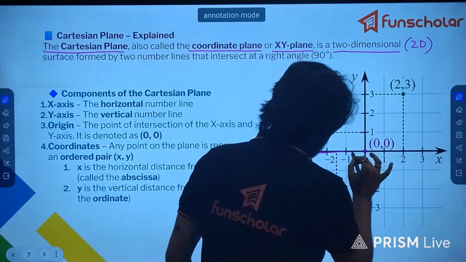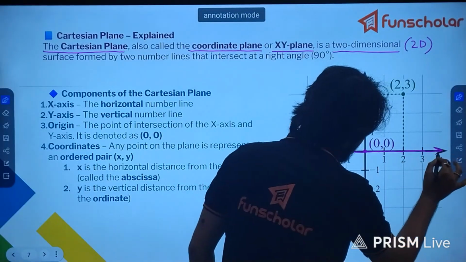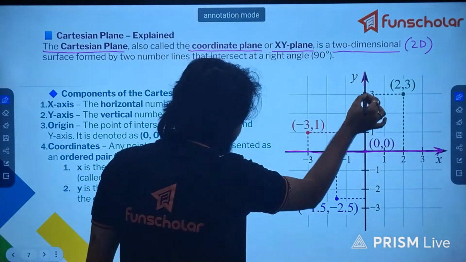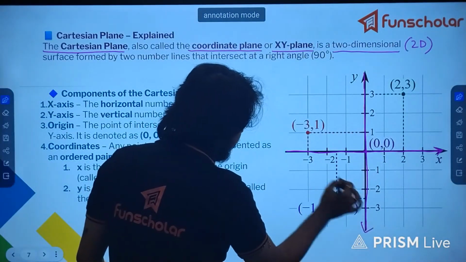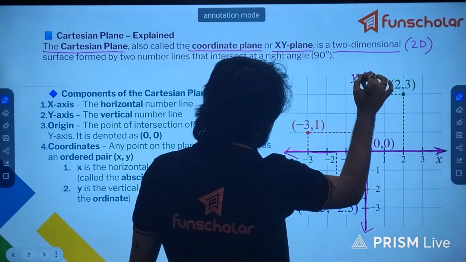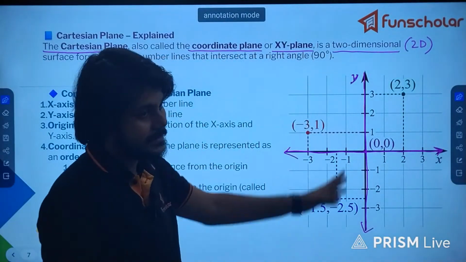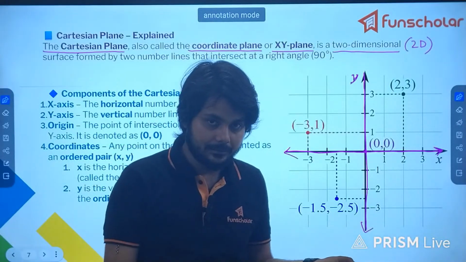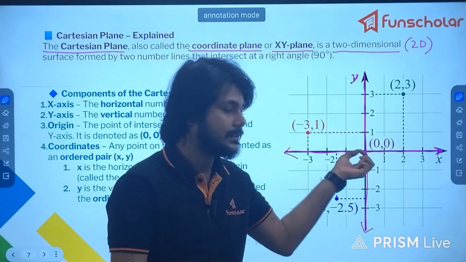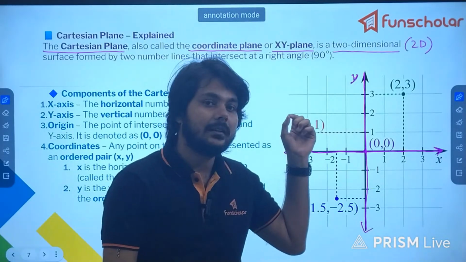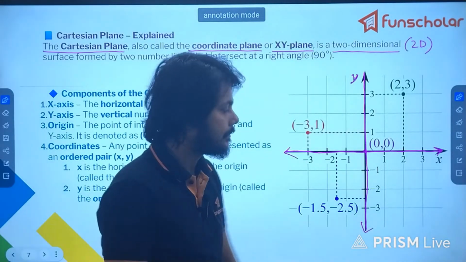This horizontal number line, as you know, is the x-axis, and this vertical number line is the y-axis. The number lines intersect each other at a 90-degree angle.